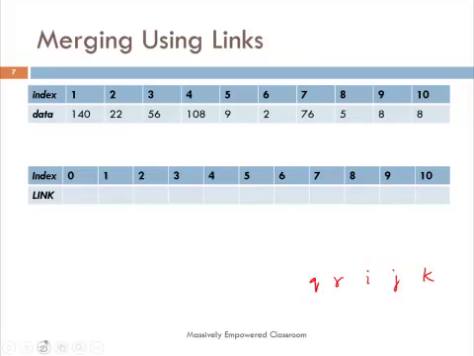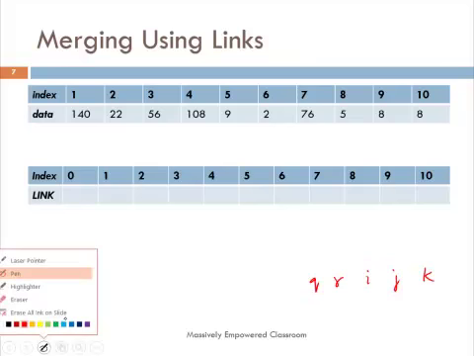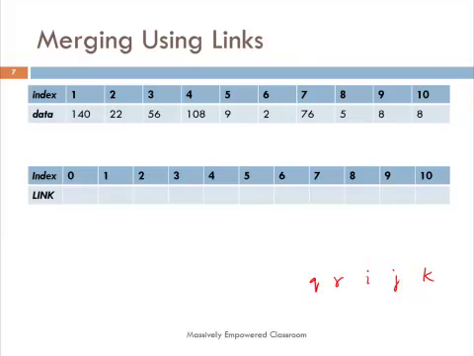Let me change the color. So first I want to merge this with this. That means I have a sorted linked list of one element which contains the data 140 and another which contains 22. I want to merge those two.